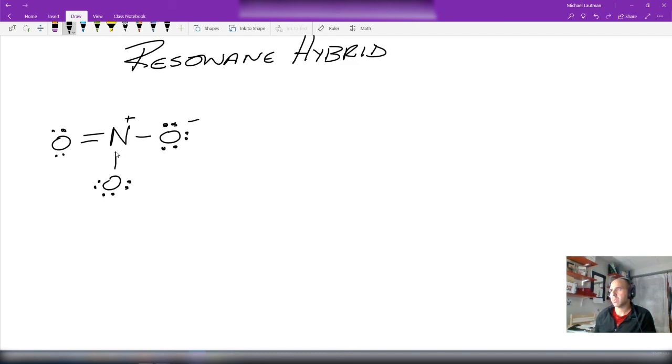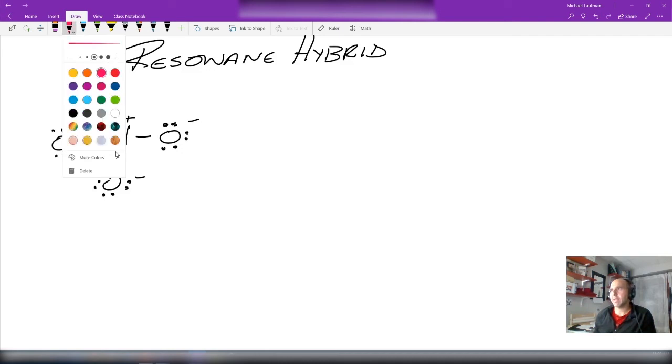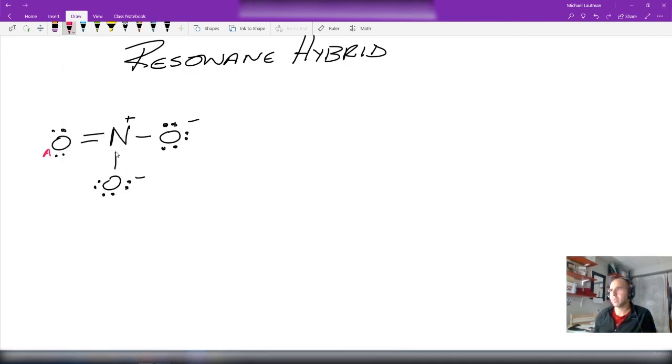Plus, minus, minus. Now, if I do the same thing and label these oxygen atoms, I can see at least two other ways of drawing equivalent Lewis diagrams.